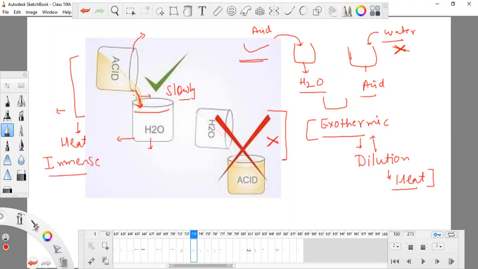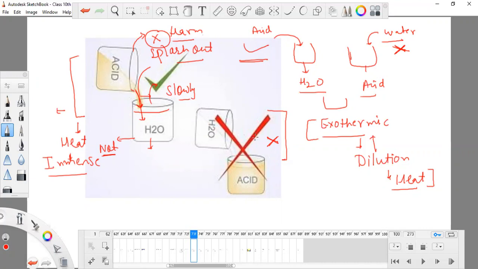and this acid will not splash out, and it cannot cause harm because heat will be produced, but it will not be so immense. Okay, it will definitely produce heat, but not so immense. So by adding this way, heat is produced, but nothing will splash out from this beaker and there will be no harm.